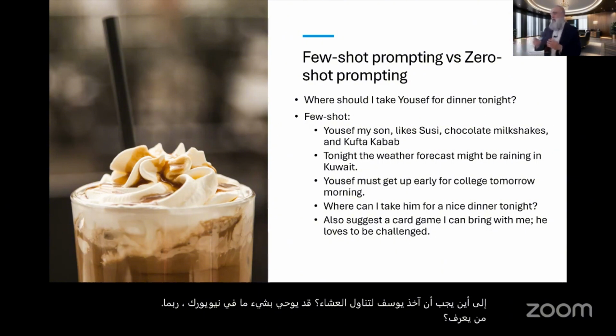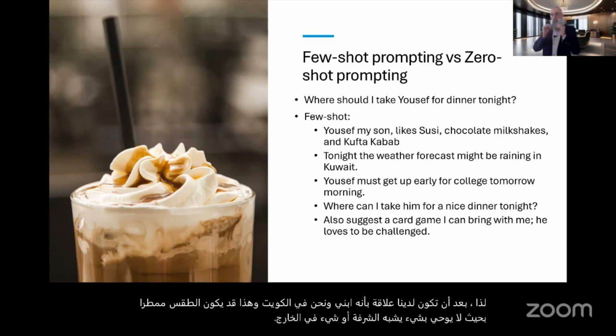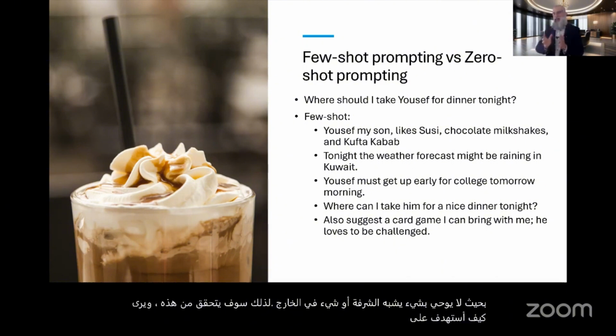So having the relation that he's my son and we are in Kuwait, and the weather might be rainy, it will not suggest something on a balcony or something outside. See how specifically I'm targeting by feeding the tool with the background knowledge.